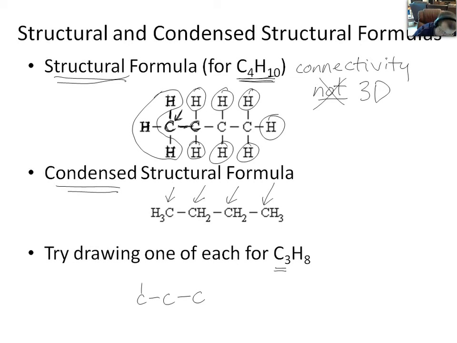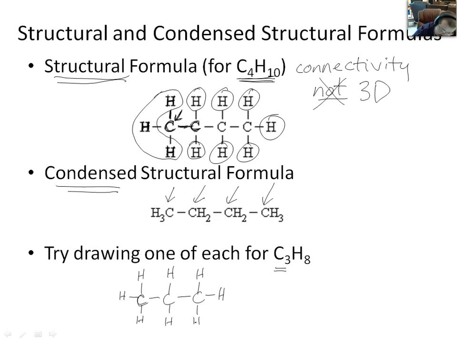Each carbon needs 1 H apiece to fill up to 4 hydrogens or 4 bonds on every carbon. So the way I've drawn it here, every carbon has 4 bonds coming off of it. So that checks off. That's my structural formula.